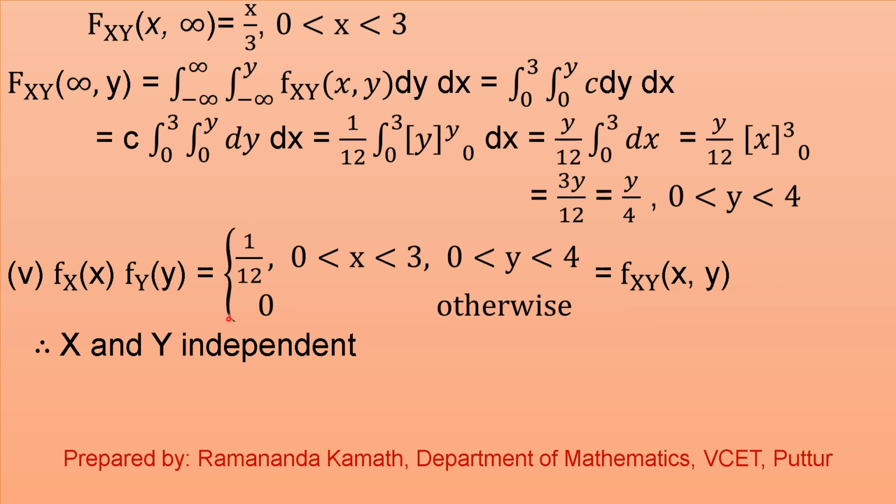So this will be equal to c for these x and y values, 0 elsewhere, which is the same as fxy of x comma y given in the question. So fxy of x comma y is the same as fx of x into fy of y. So the condition is satisfied, therefore x and y are independent.